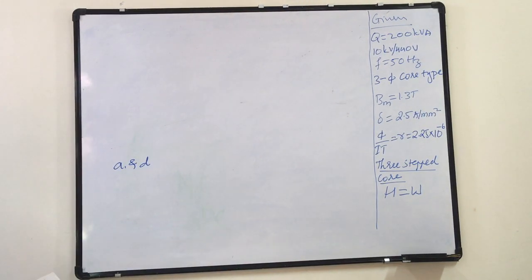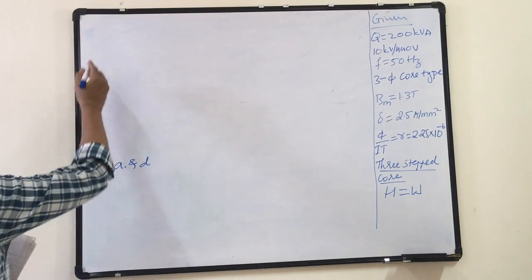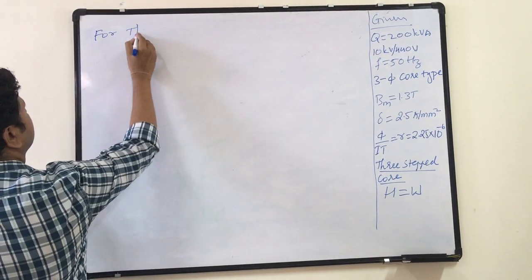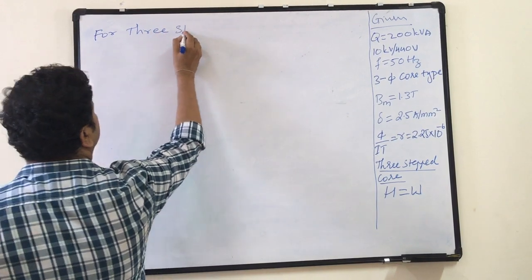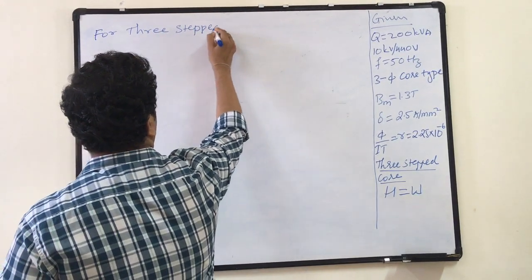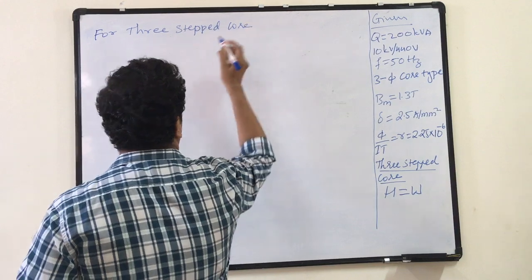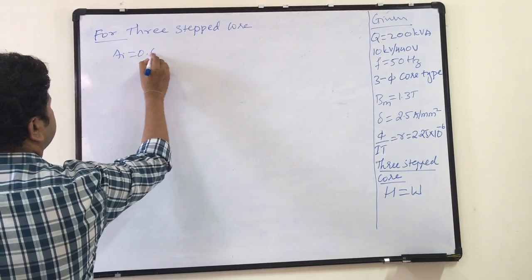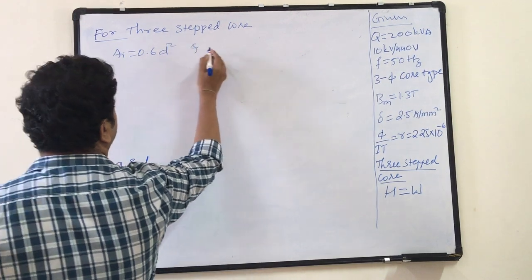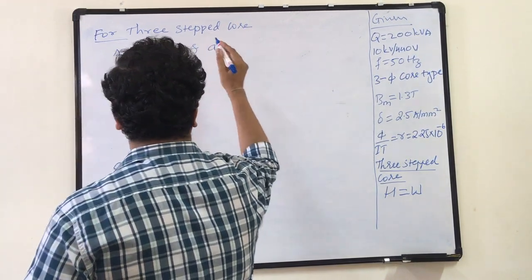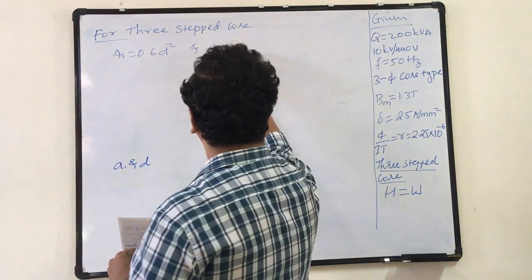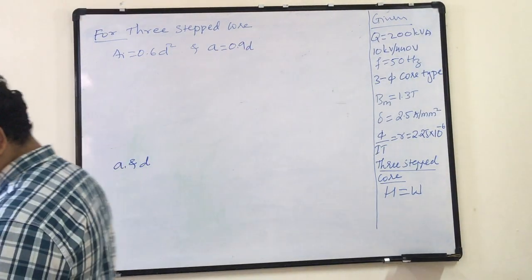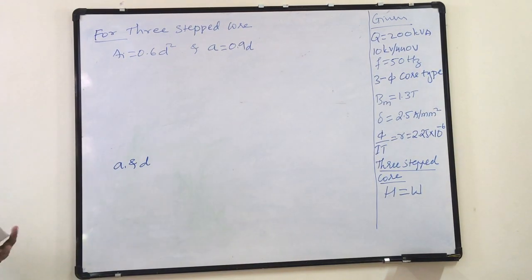So for 3 step core, Ai is equal to 0.6 D square and A, width of largest stamping or width of core, is equal to 0.9 D.